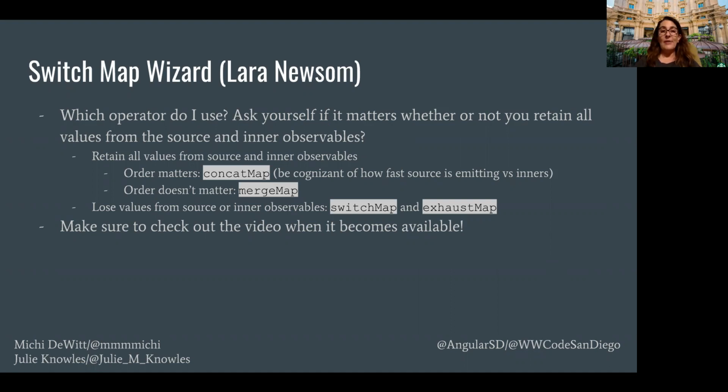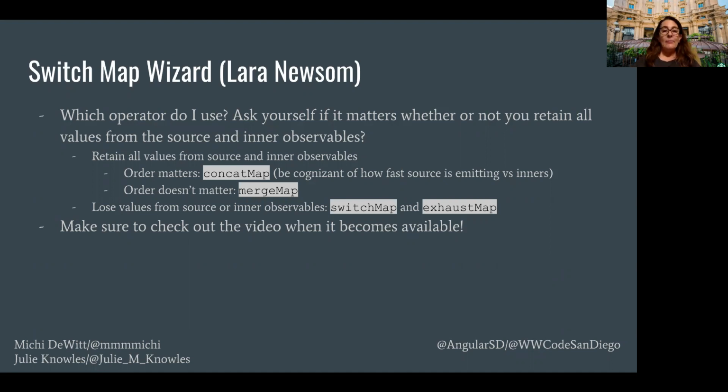If you care about that, then you need to use either ConcatMap or MergeMap. And if the order matters, and so you want everything returned in order, then you need to use ConcatMap. If the order doesn't matter, you can use MergeMap.